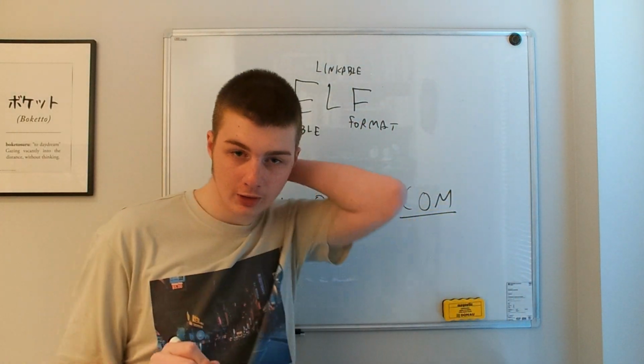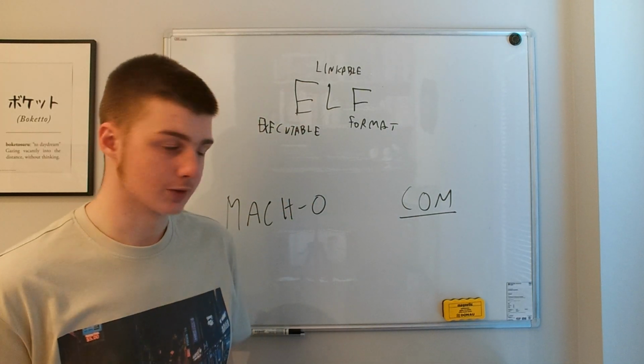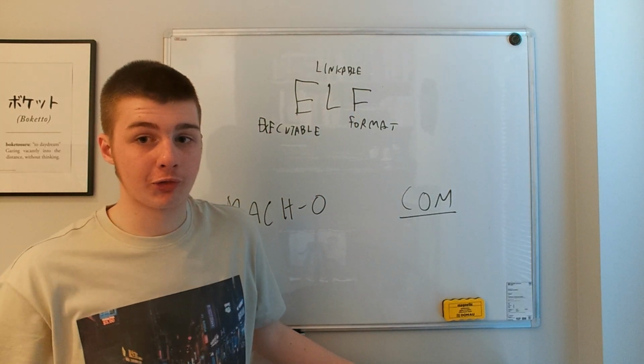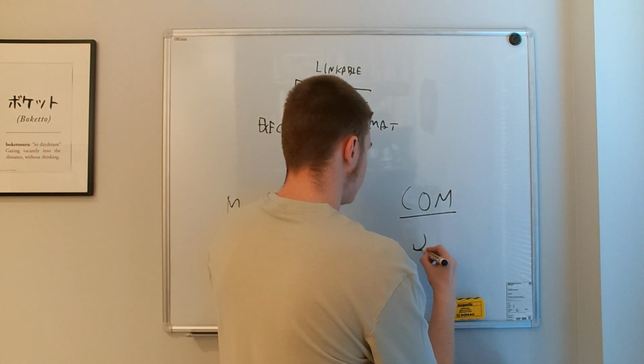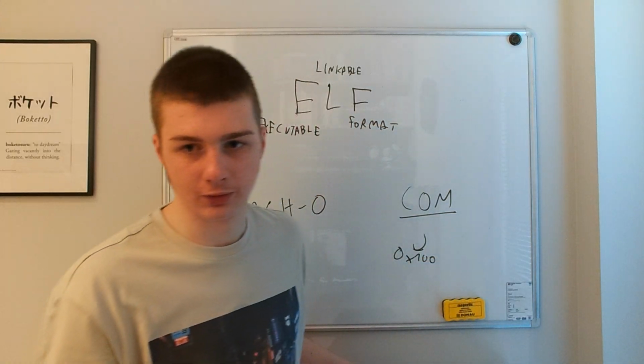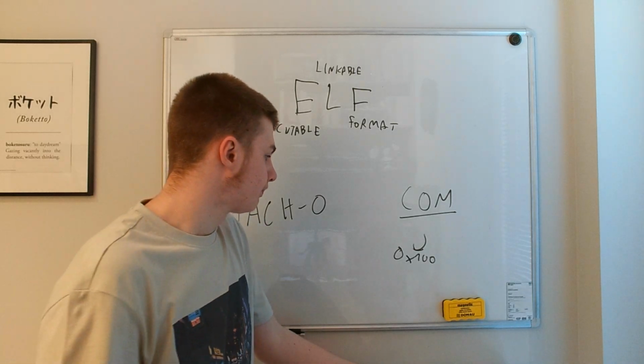It was a very simple format, and some people still implement it just because of its simplicity. The idea is that it is pretty much a flat binary that you load into the address 0x100. So just 100 in hexadecimal.